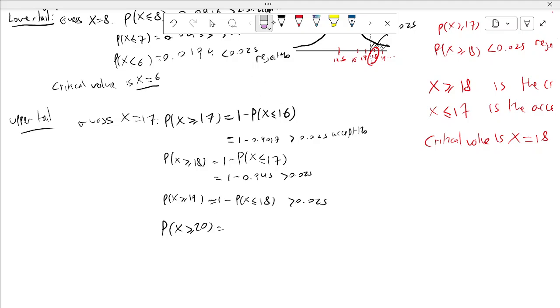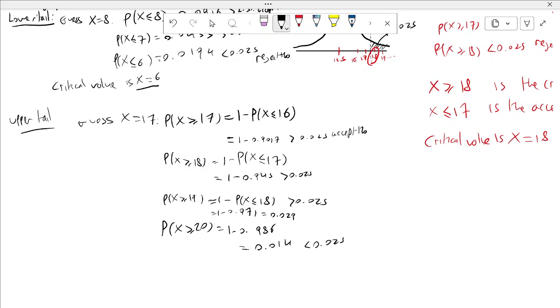This was 1 minus 0.971, which is 0.029. And greater than or equal to 20, I'm typing in 19. I'm getting 1 minus 0.986, which is 0.014, which is now less.